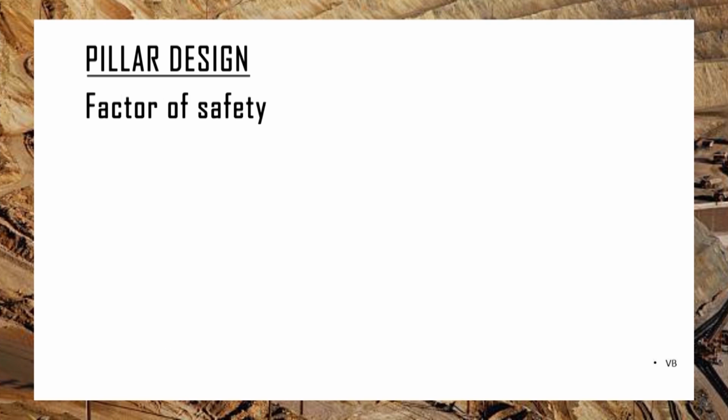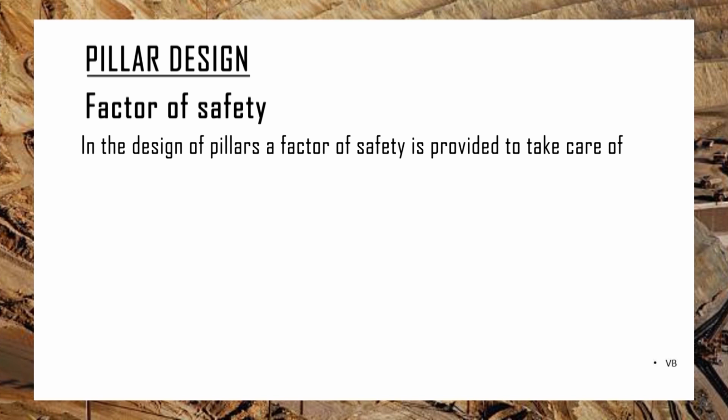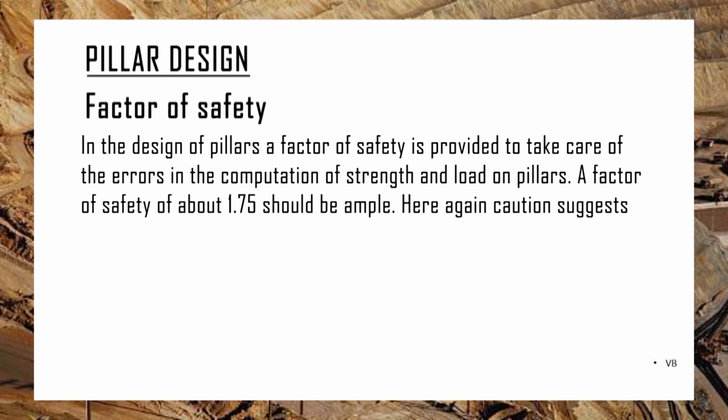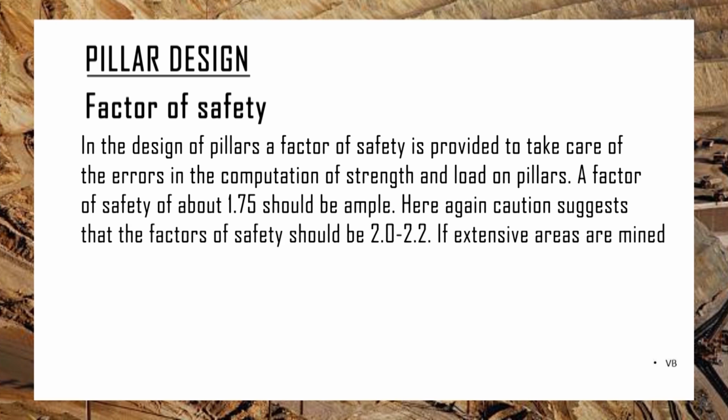Next point is factor of safety. In the design of pillars, a factor of safety is provided to take care of the error in the computation of strength and load on the pillar.